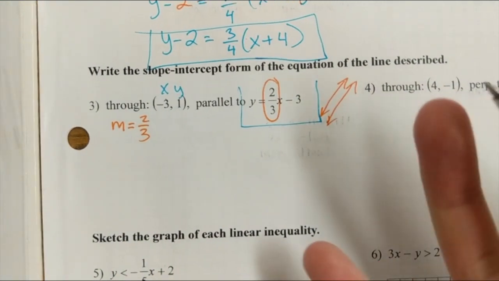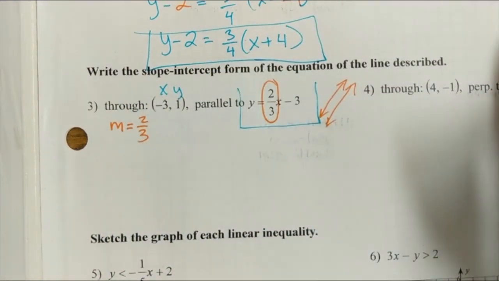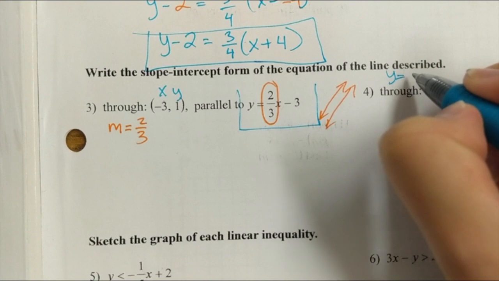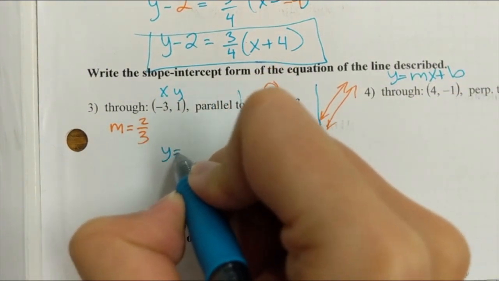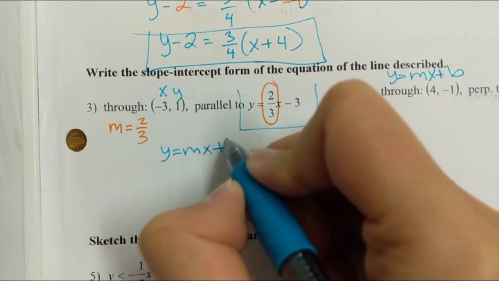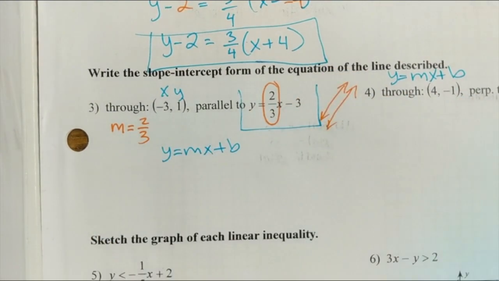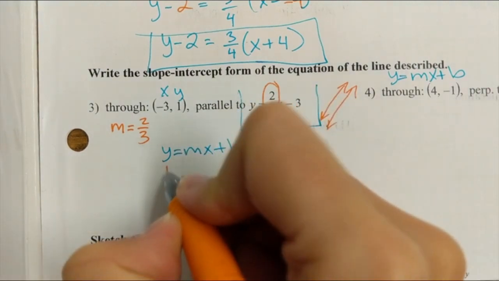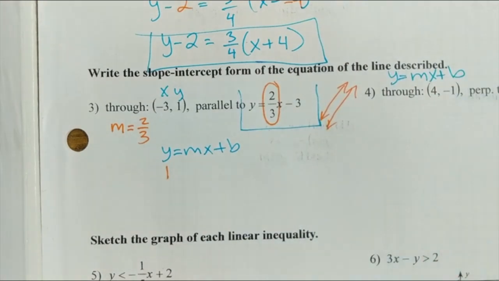You have an x, a y, and an m. Solve to find your y-intercept so you can write it in slope-intercept form, which, as we remember from Algebra 1, is y equals mx plus b. So we have y equals mx plus b, and I need to find b. So I'm going to plug in 1 for y, because that's the y value of this particular point that our line goes through.